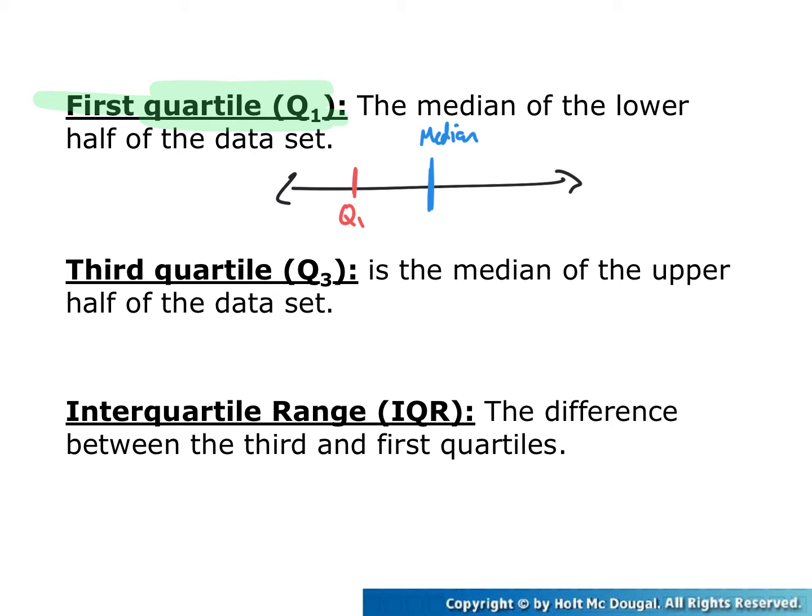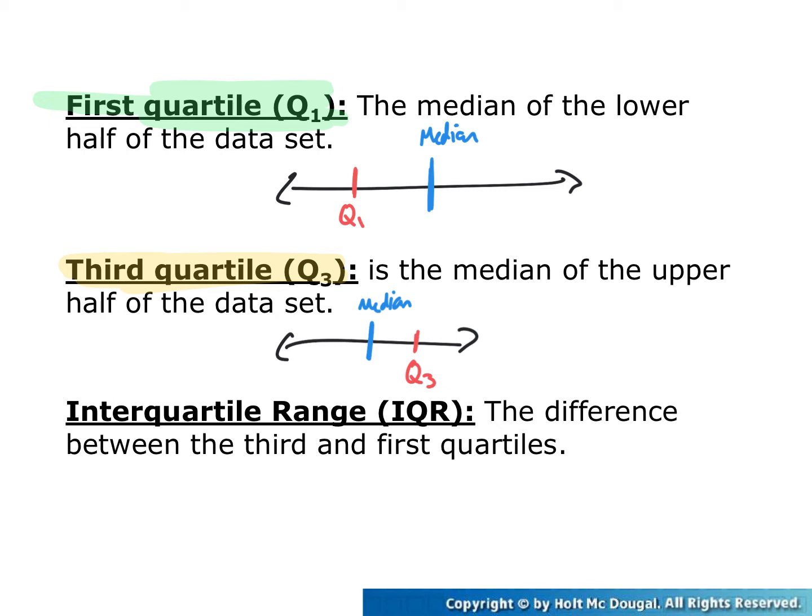The third quartile, your Q3, would be just the same thing, but in the upper part. So if you had a list of numbers, I'm just drawing a line for now, and the median splits it in half, well, the opposite of Q1, your third quartile, Q3, would be in the middle of the upper half. So they're going to be the numbers that are between them. And just like yesterday we learned, if there is an odd number of things up there, then it's the one in the middle.